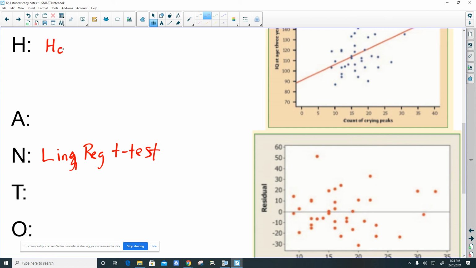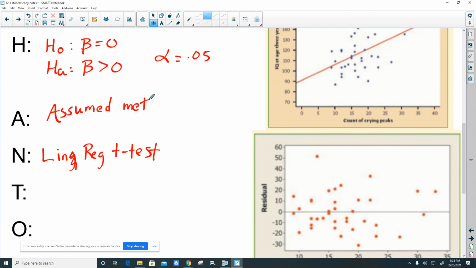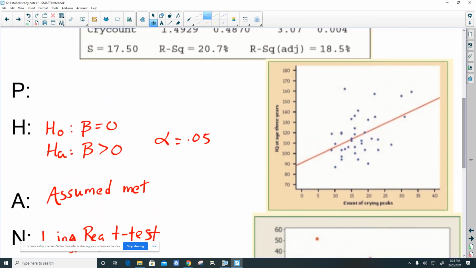Our hypotheses, I'm kind of doing this in a weird order here, would be that. We're going to use an alpha level of 0.05. We are going to assume that those conditions are met.